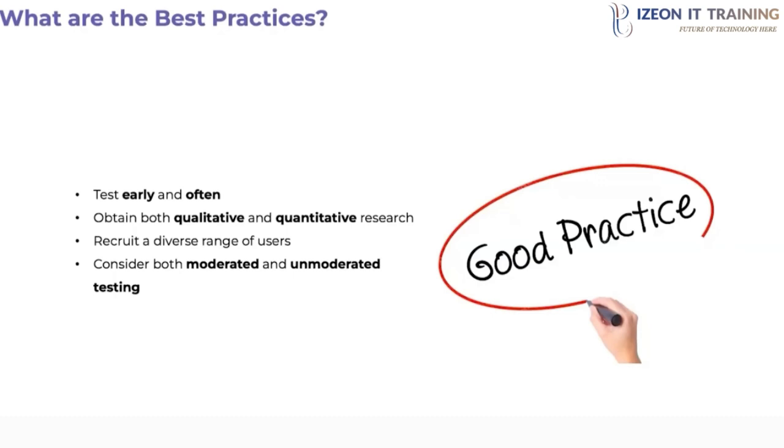For example, Netflix continuously tests features with diverse user groups worldwide. Even Amazon, we usually test with diverse users, like worldwide testing, we call it, to ensure a smooth experience across cultures and regions.